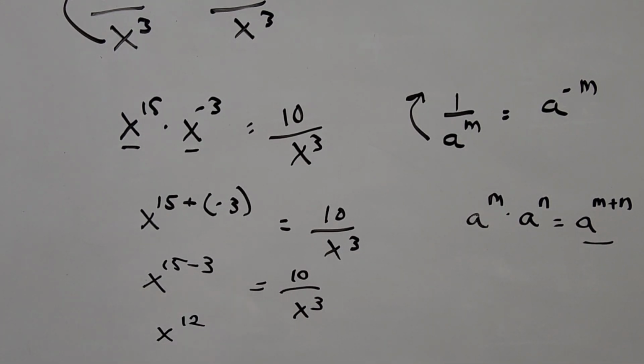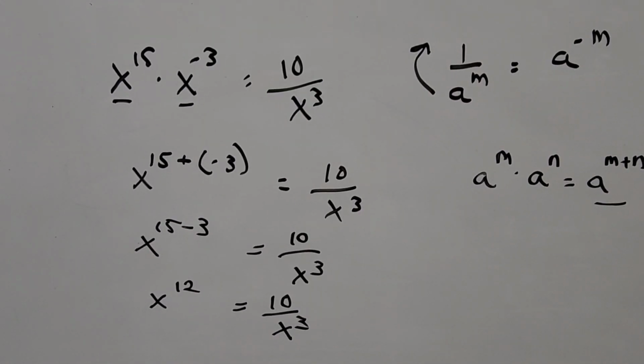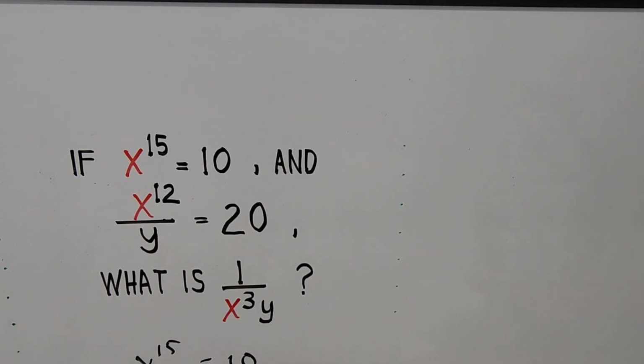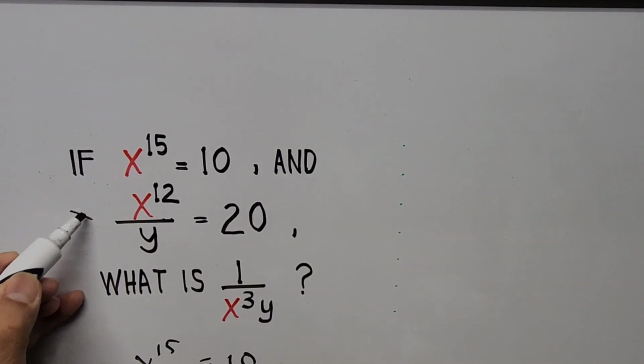So x to the 12 is equal to 10 divided by x cubed. So we have now this x to the 12th power, and the second equation from the beginning on top, where the numerator is x to the 12, the denominator is y, and the whole thing is equal to 20.